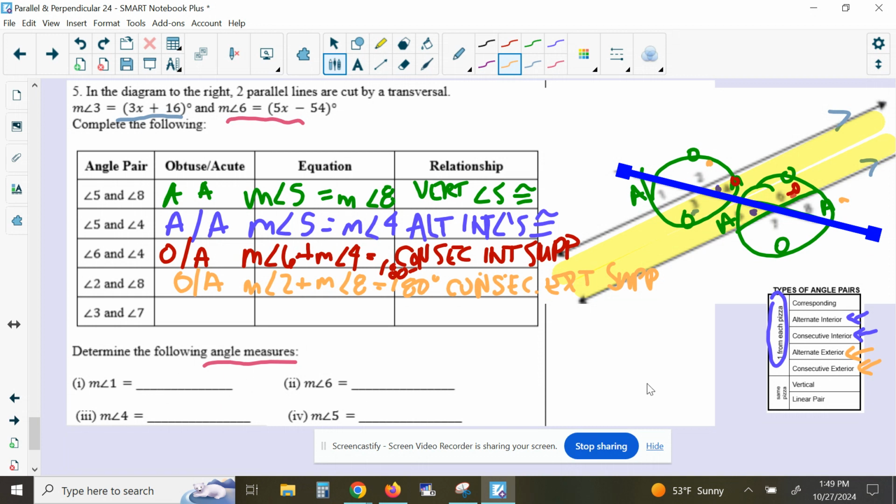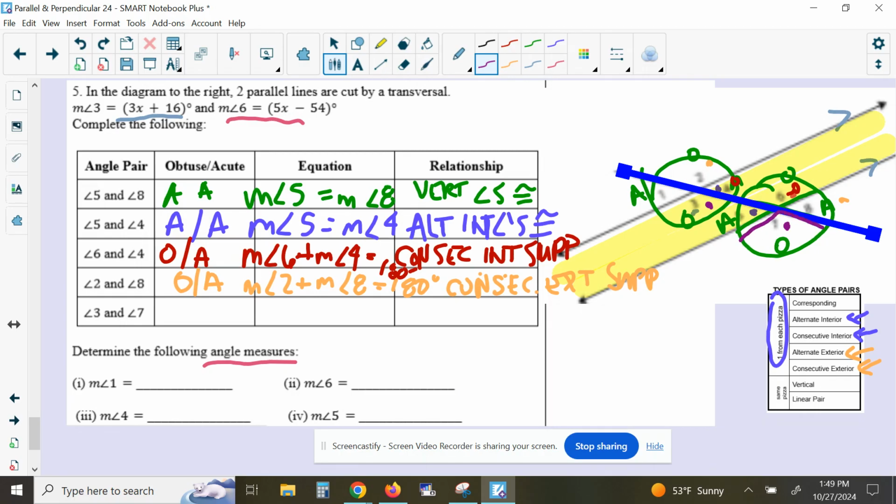Okay, the last one we have is 3 and 7. So 3 is here, and 7 is here. It looks like one of them is in the yellow interior, and one of them is not. So they're not interior or exterior, so they're none of these, right? They are on different pizzas. They're actually the same slice of pizza, right?